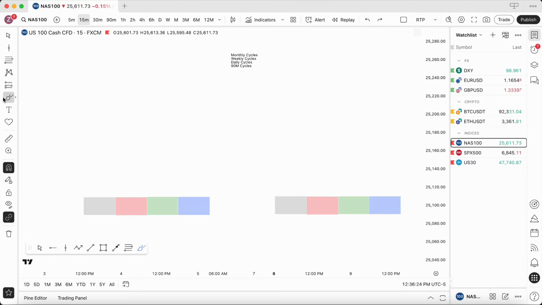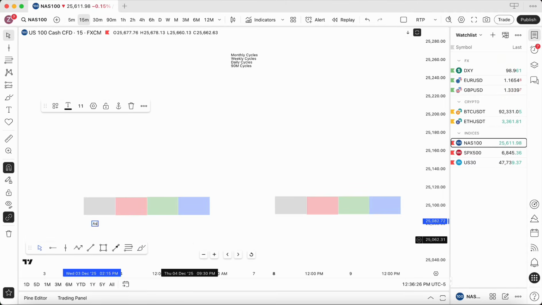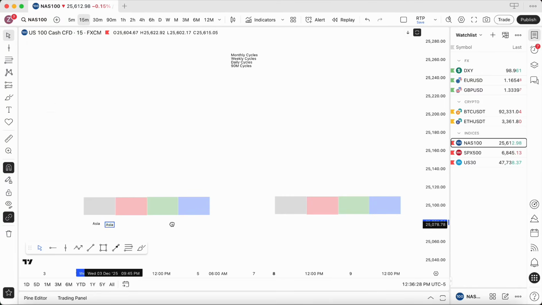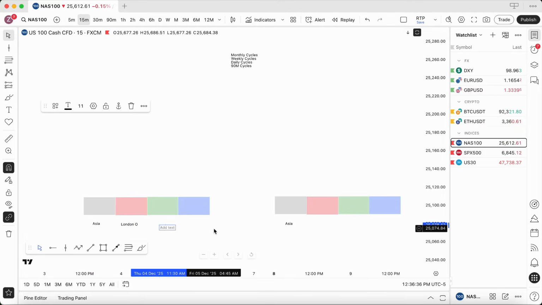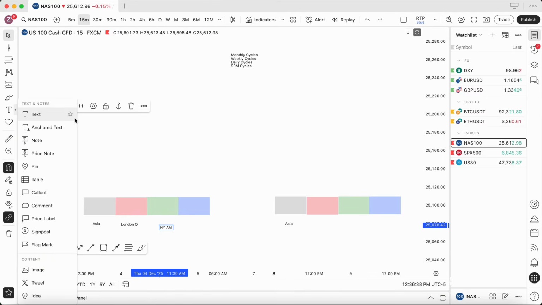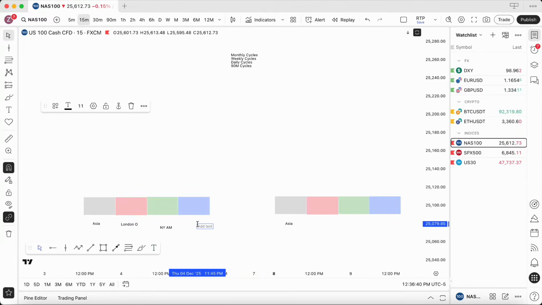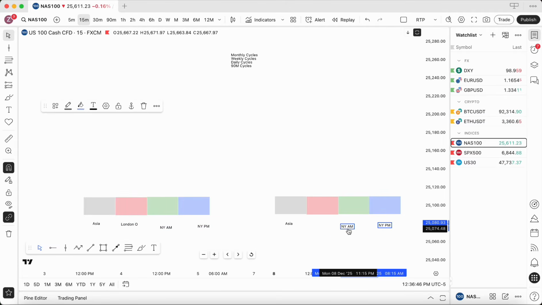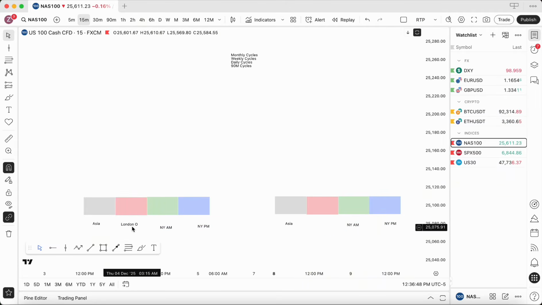Daily cycles are the sessions, which means Asia. Again, like next is London Open. After that is New York AM. Let me make it like that to be easier. And New York PM. These are the daily cycles, aka the sessions.